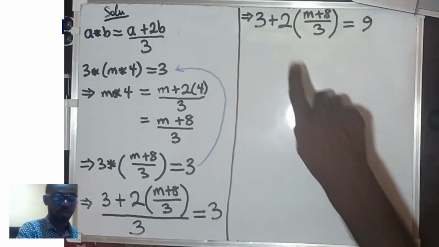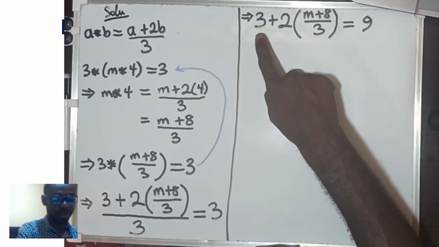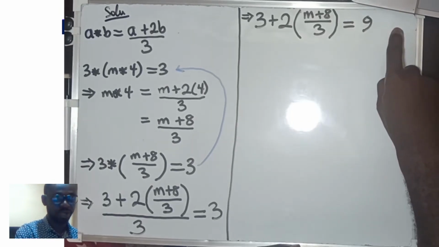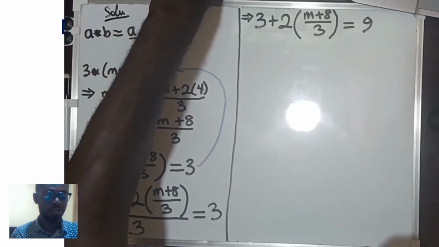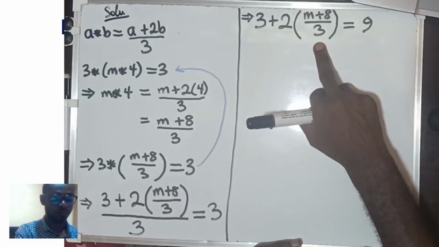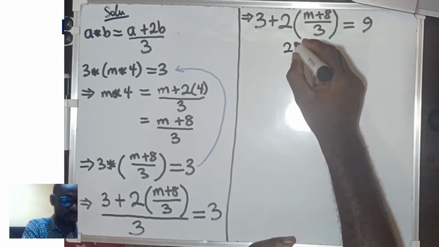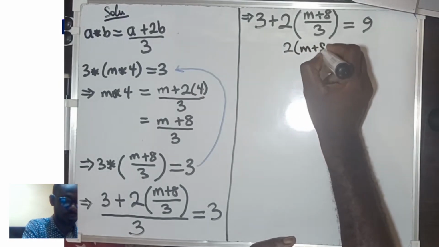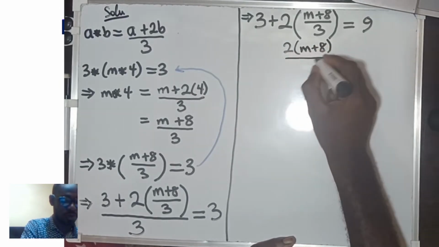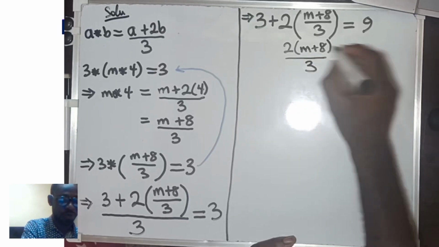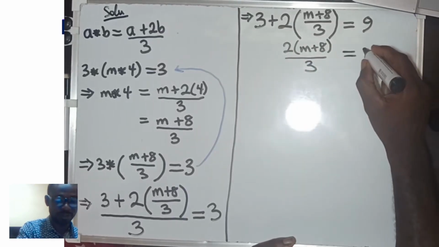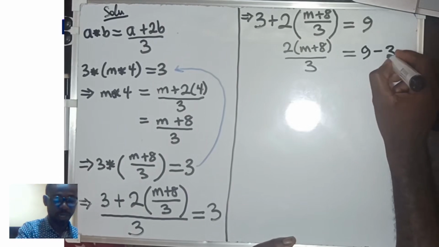Alright, so now you can see 3 here again, so this 3 can come to the right hand side. Now remember, this 2 here is multiplying the whole of this, so we can do our multiplication there. That is 2m plus 8 all over 3, and then we are bringing this 3 to the right hand side, so we have 9 minus 3.